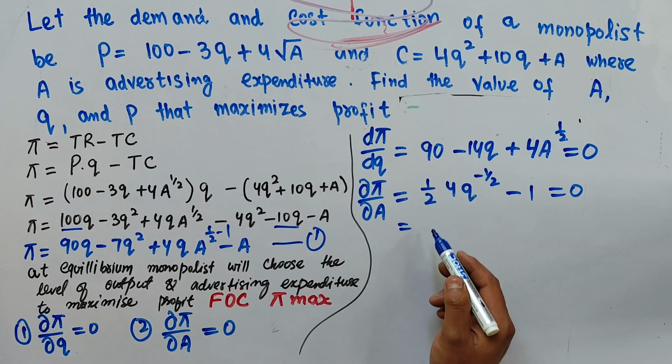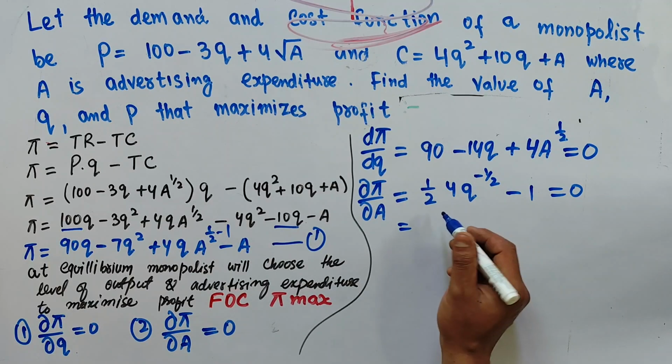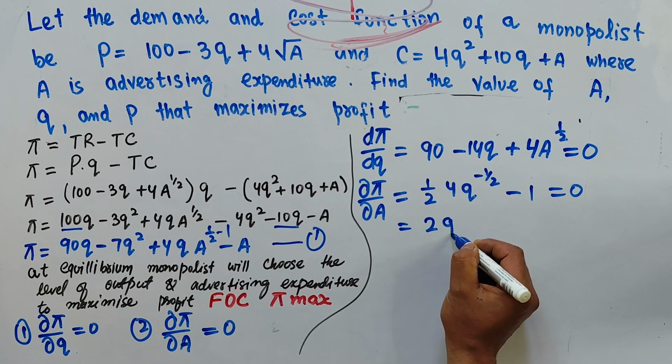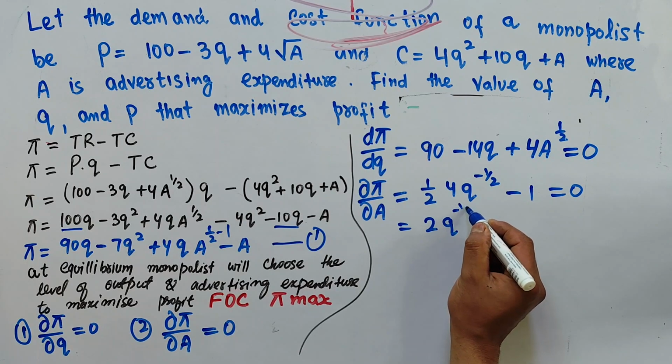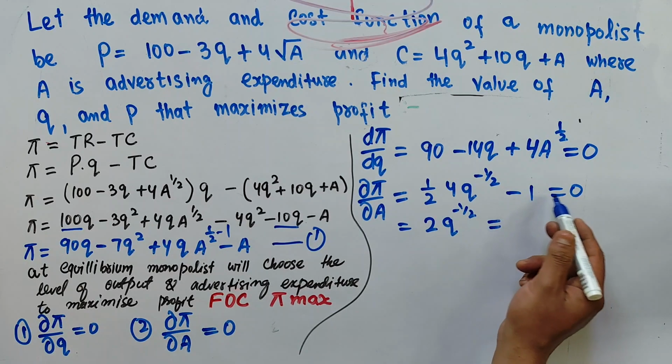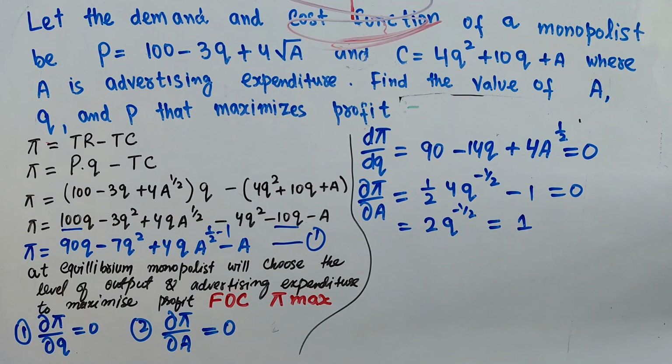So here it will become 4 upon 2 is 2, so we get 2q raised power minus 1 upon 2 is equal to, transposing this, it will become plus 1.